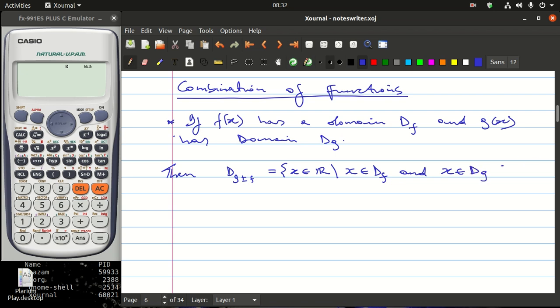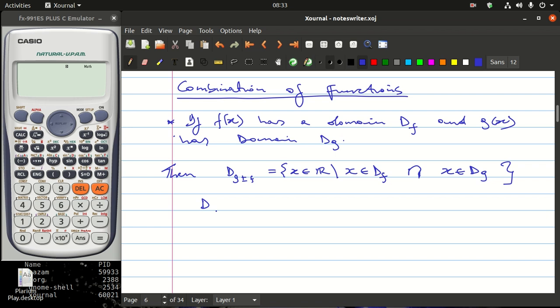So basically here you have the domain of f and the domain of g of x. If we want the domain of f of x plus g of x, or g of x minus f of x, or f of x minus g of x, you want to take the intersection of these domains, the common domain between these two domains. That's the meaning of AND. So you want the intersection of these two domains.